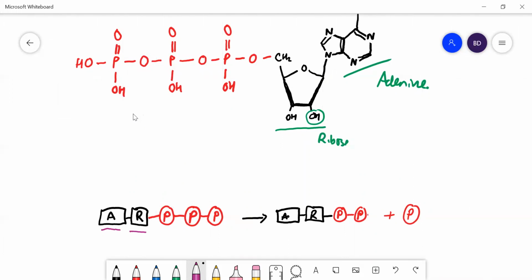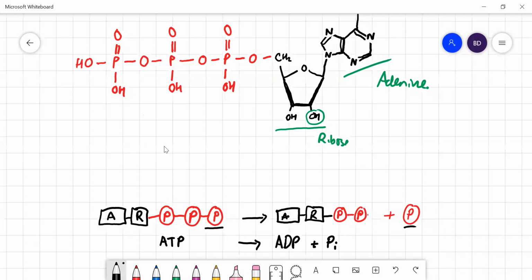Now, very often you will see written in books, this is ATP here, and when ATP loses this end phosphate group, it will become ADP, adenosine diphosphate, and you'll get Pi, sometimes written like that, which stands for inorganic phosphate, and you get energy released.